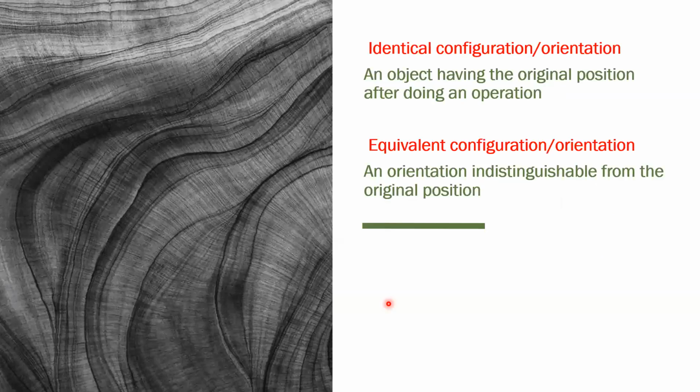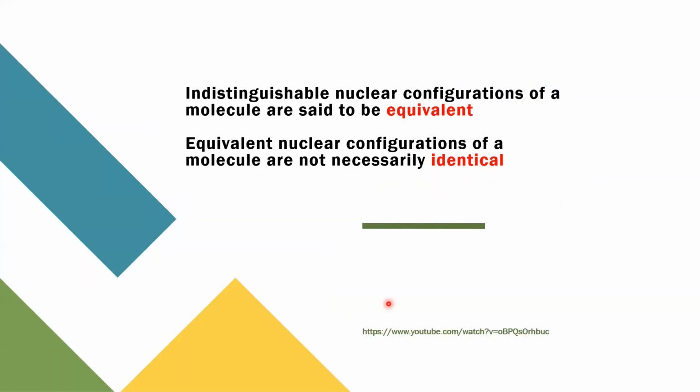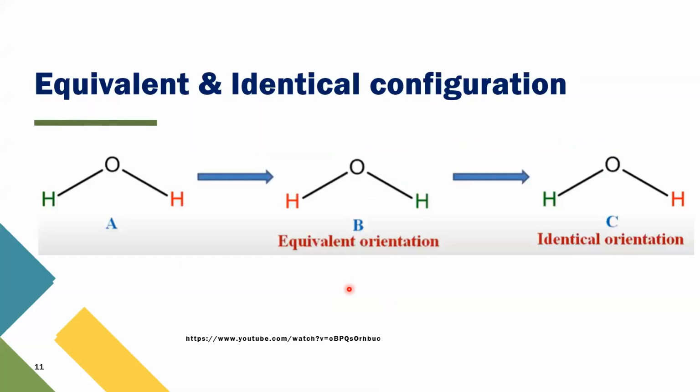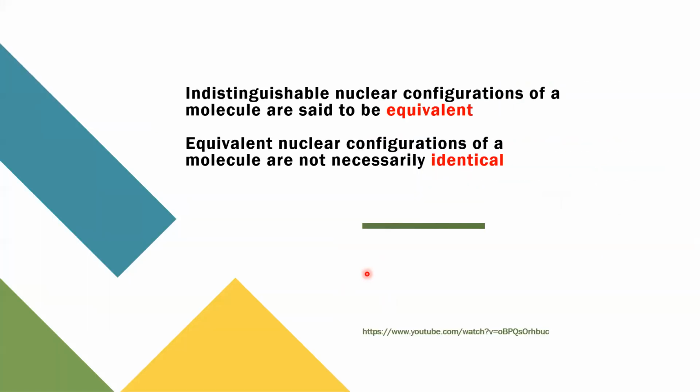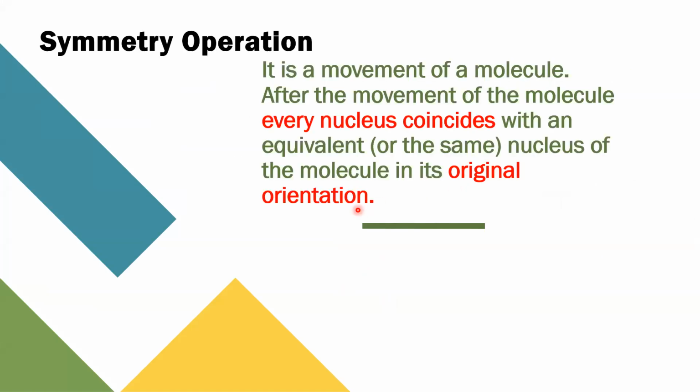So indistinguishable nuclear configurations of a molecule are said to be equivalent. Equivalent nuclear configurations of a molecule are not necessarily identical, right? So remember that point.